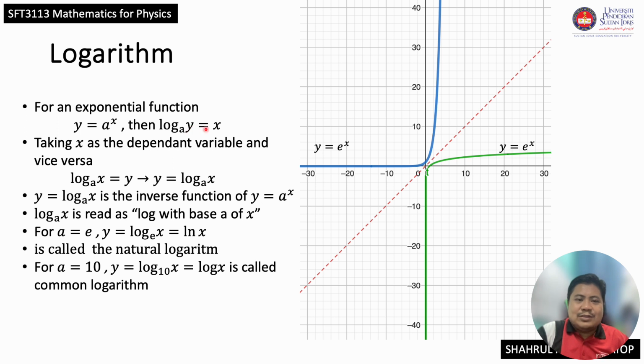Look at it properly: if y equals a to the power of x, then x is equal to log base a of y. Taking x as the dependent variable, and vice versa, we can have log base a of x equal to y.